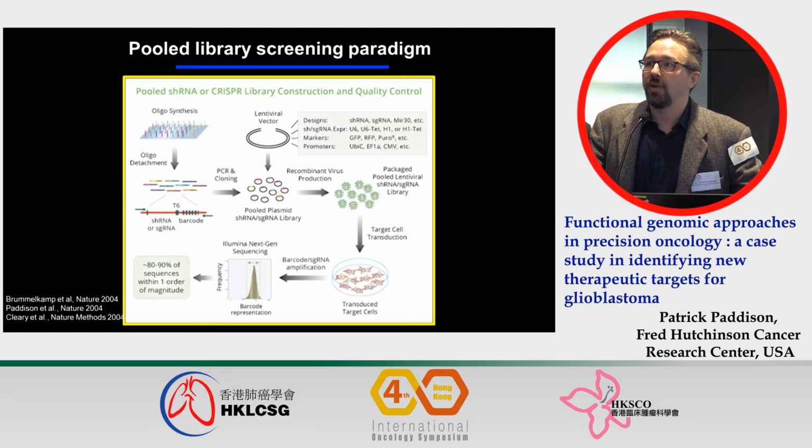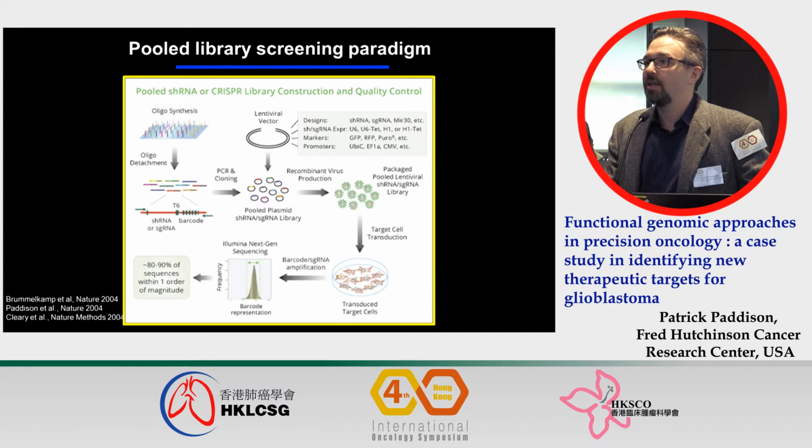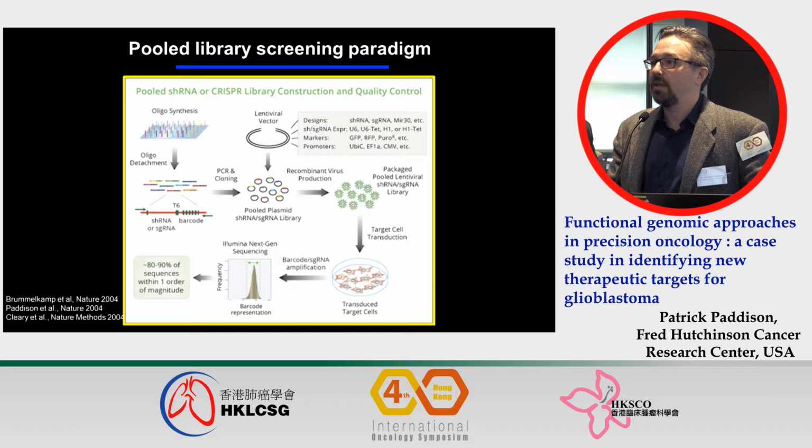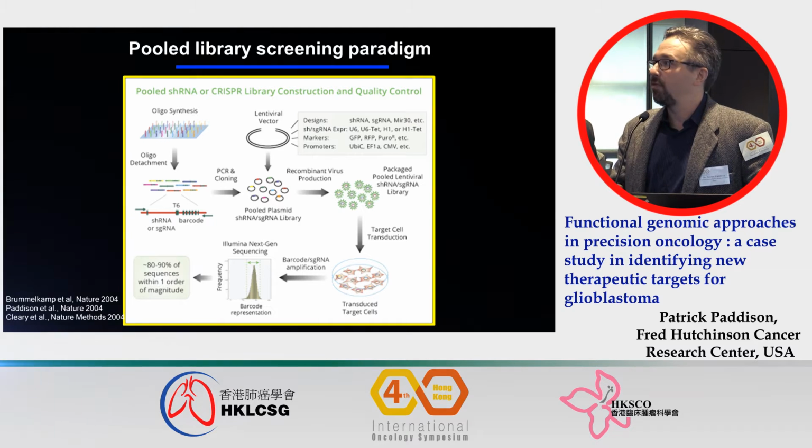It's a pooled screening approach where we grow oligos on chips, cleave them off and create these pooled libraries, and then in turn create pooled viruses that can be used as screening pools in target cells. And nowadays, the way we read out screen phenotypes is through deep sequencing and deconvolution of the library after we've performed our phenotypic assay.